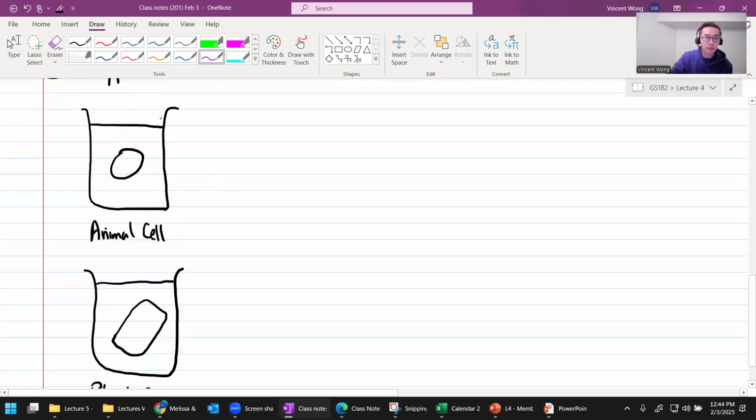So hypotonic solution, what does it mean? In a hypotonic solution, the inside of the cell has a higher concentration than the outside. So the concentration of the solution is less than the concentration of the cytoplasm.